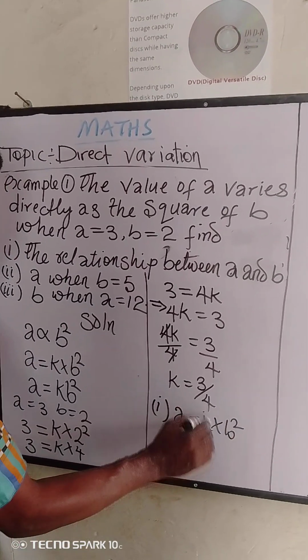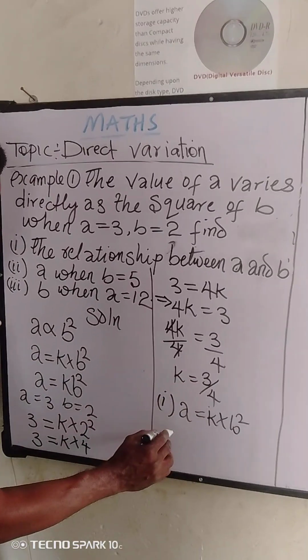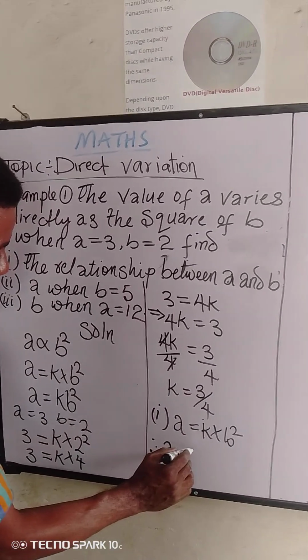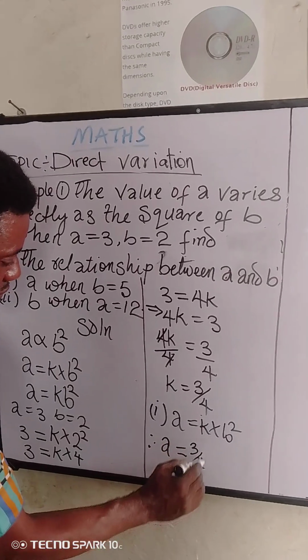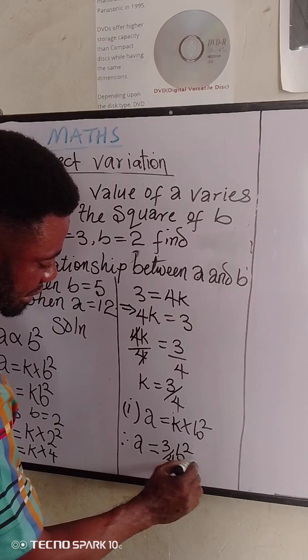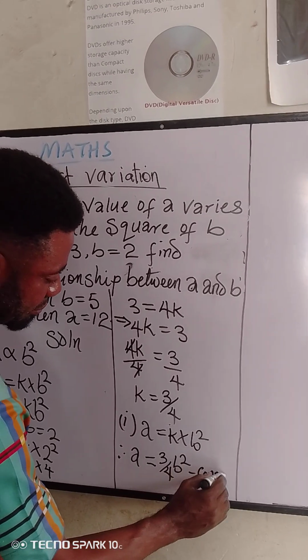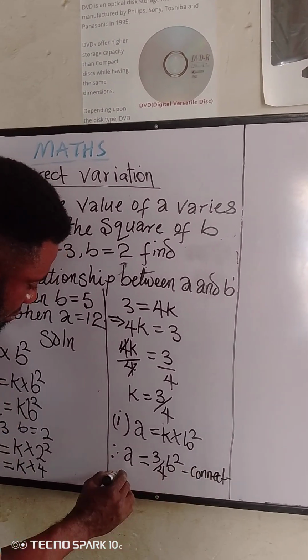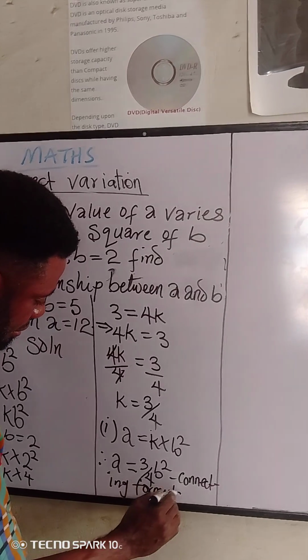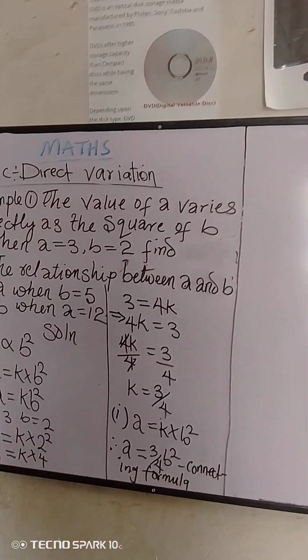So anywhere I see K, I'll replace it with what? 3 over 4. Therefore, A equals 3 over 4 B squared. This is known as the connecting formula.